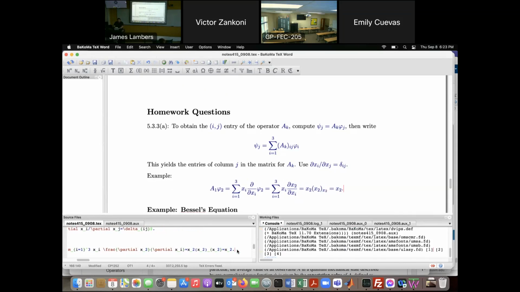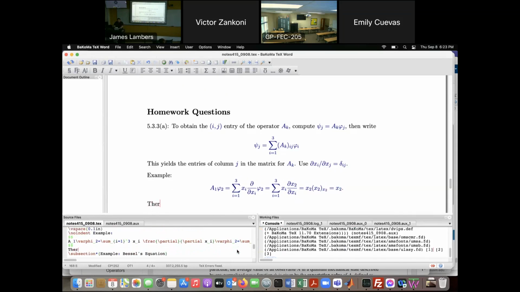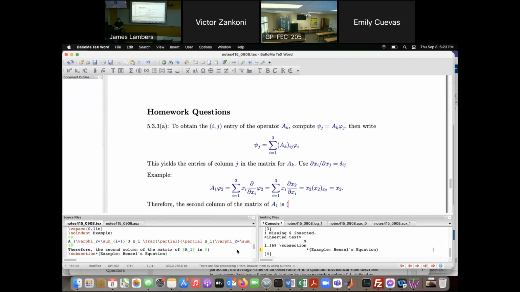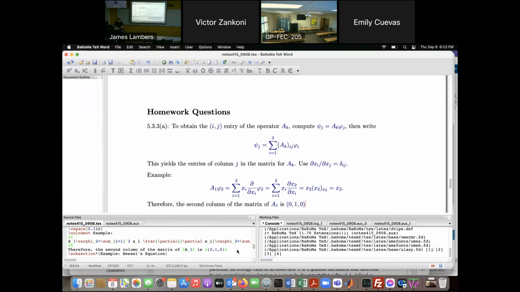So what that means is the second column of the matrix of A1 is 0, 1, 0, because the first element of a column is a coefficient in the result of x1, but there is no x1.